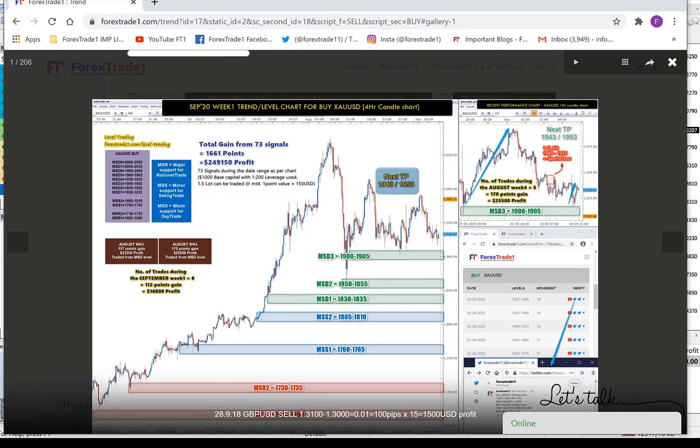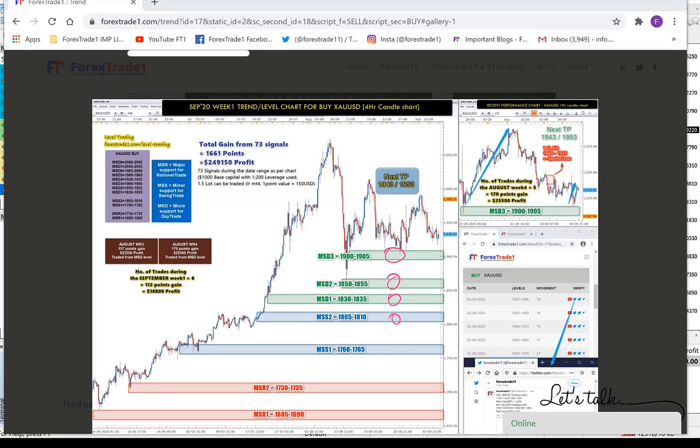So if you can see here, these are the support lines that we have indicated here. These are all the support lines. We have these MSS, MSR and MST lines. What it means is that these are the major support levels for rollover traders. These are the MSR2, which you can see here, we already have indicated.